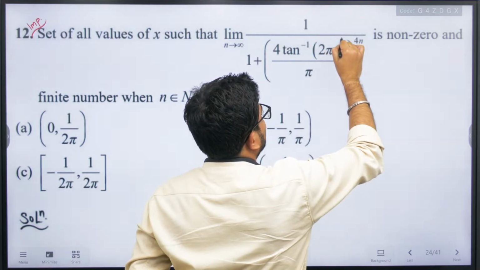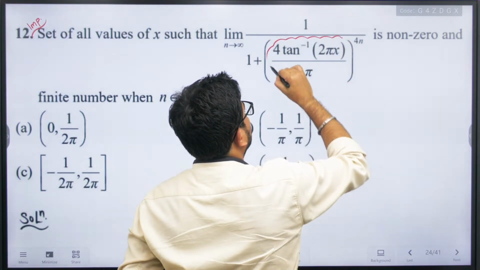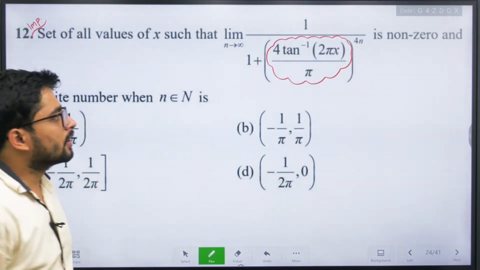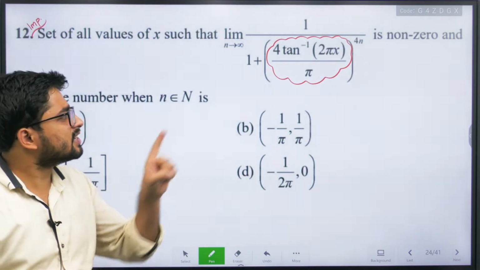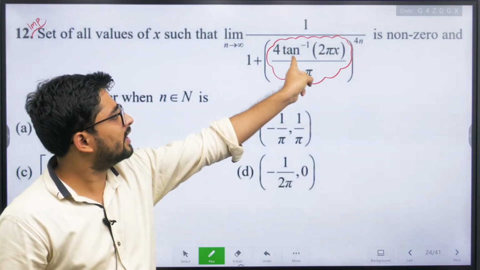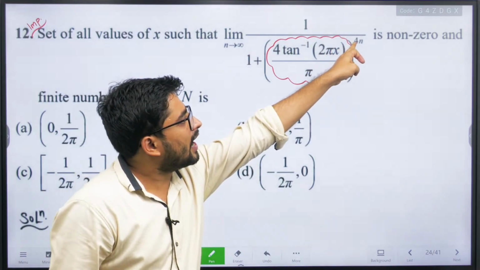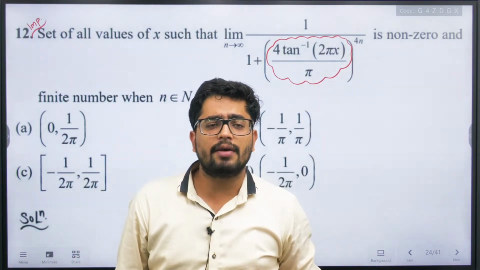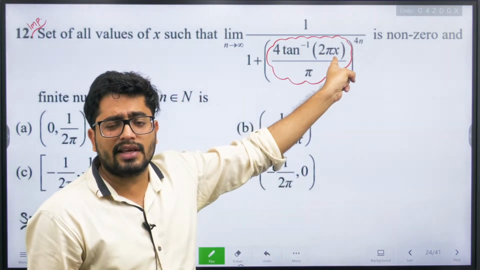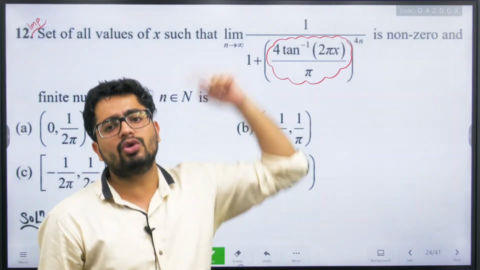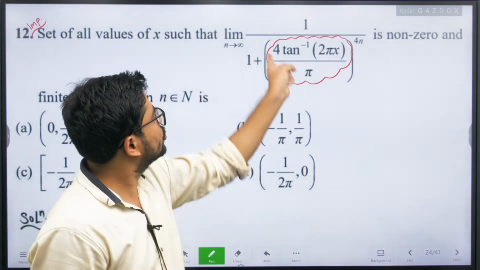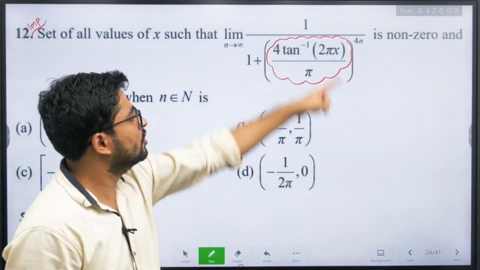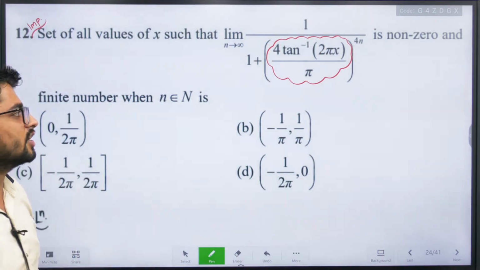If this thing is greater than 1, and power is 4n, n tends to infinity, so that tends to infinity. And if this is greater than 1, then greater than 1 to the power infinity is infinity. So 1 plus infinity is infinity, and 1 upon infinity tends to 0. So it means your limit is 0.